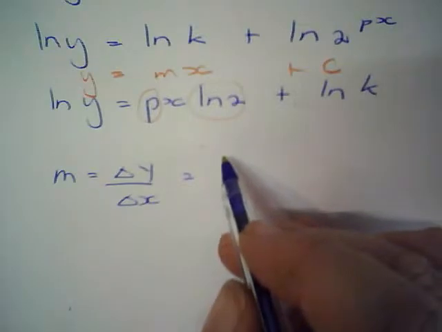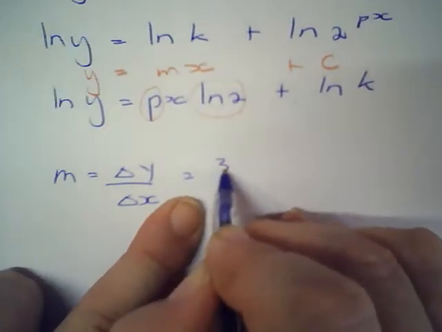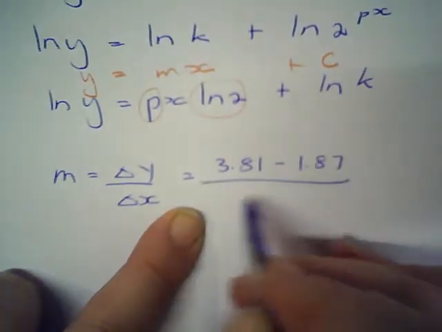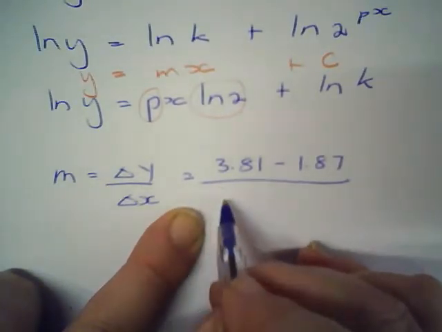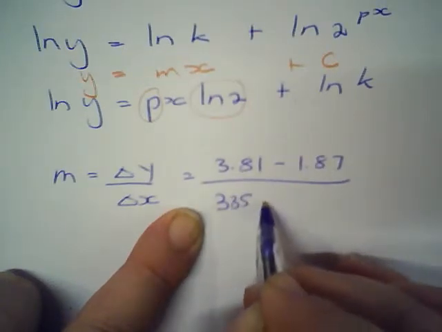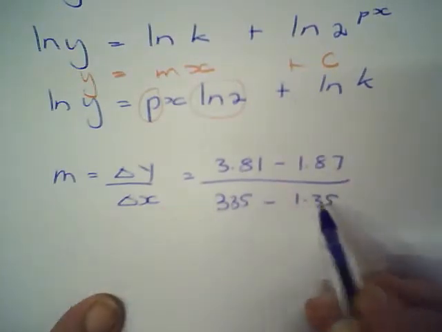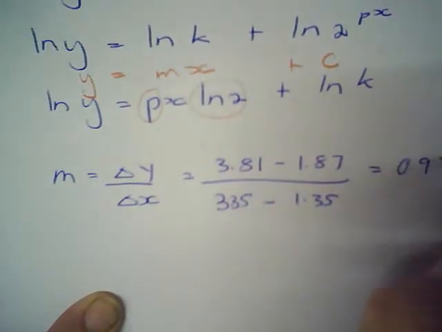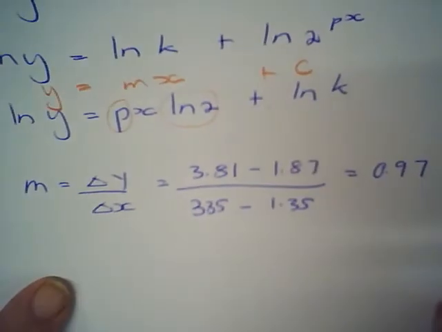I can use that to substitute. So my values 3.81 minus 1.87, my two y values I subtract, over the two x values that I need to subtract. Use the calculator and I get 0.97. So that's my m.